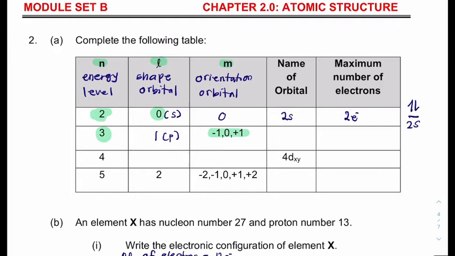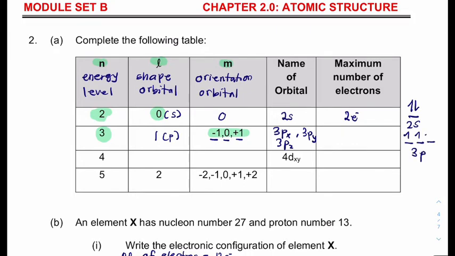So 3P dia ada berapa orientation? 3 kan? 1, 2, 3. So you akan dapat 3PX, 3PY, dan lagi satu 3PZ. Okay, so you akan, kalau you lukis, you akan dapat 1, 2, 3, dekat sini 3P.